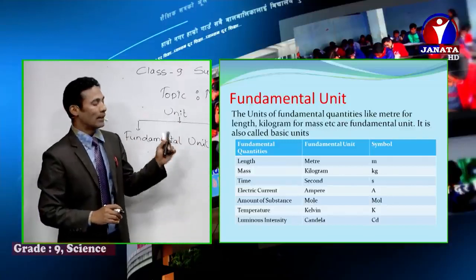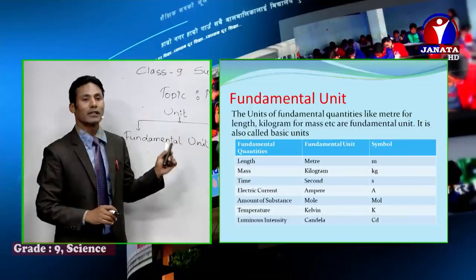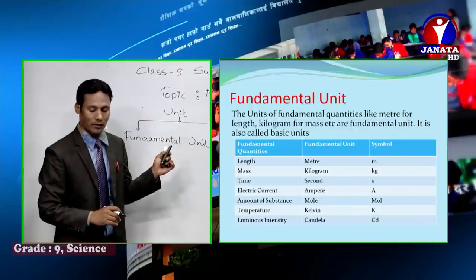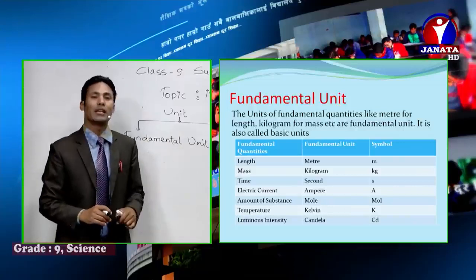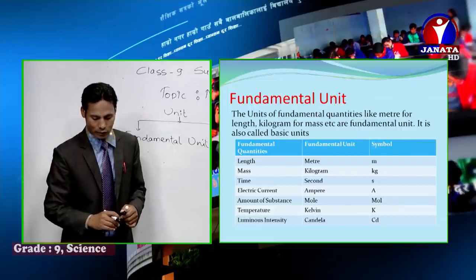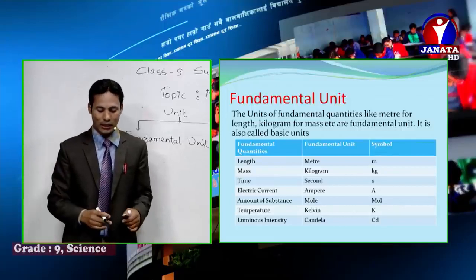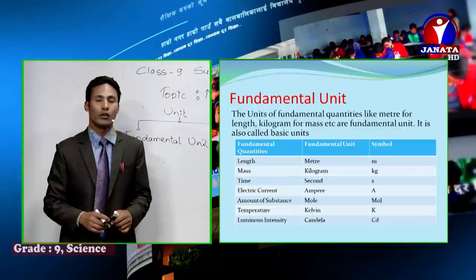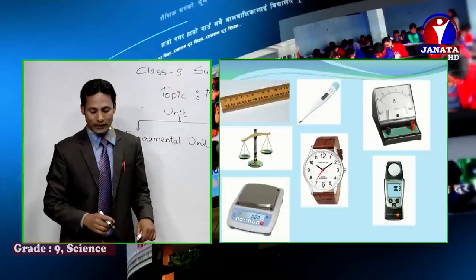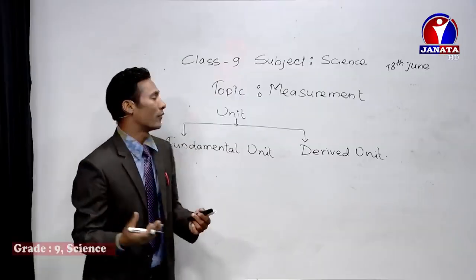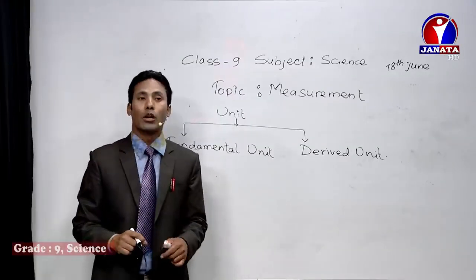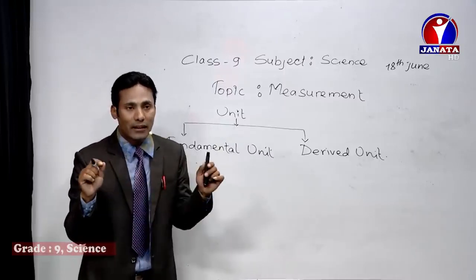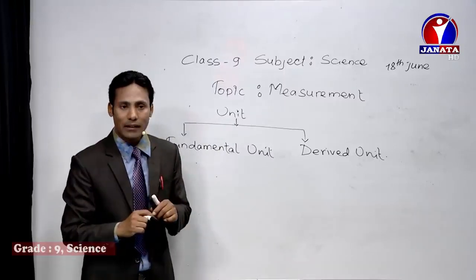Length is there, time is there, mass is there, electric current, that is ampere, is also a fundamental unit. Similarly, amount of substance, the mole, is a fundamental unit, and temperature and luminous intensity. These are examples of fundamental units. So we can use a meter scale for measuring length, right?